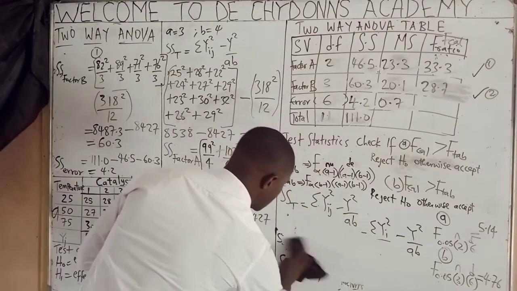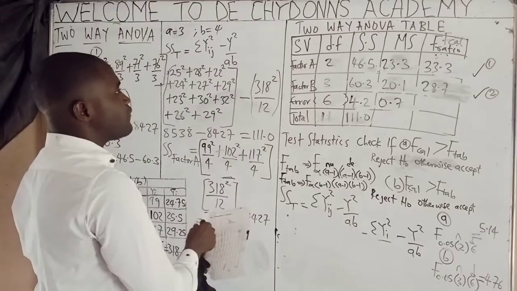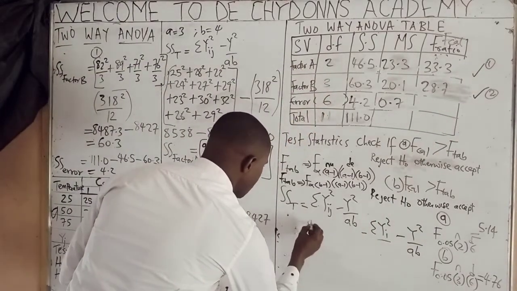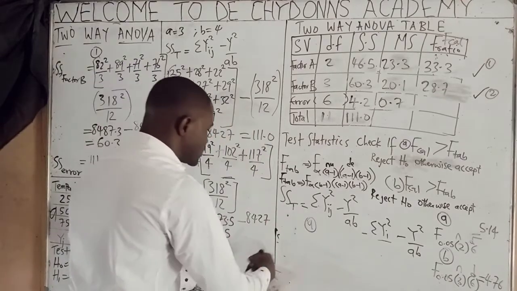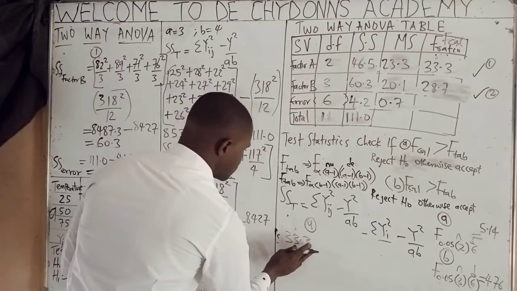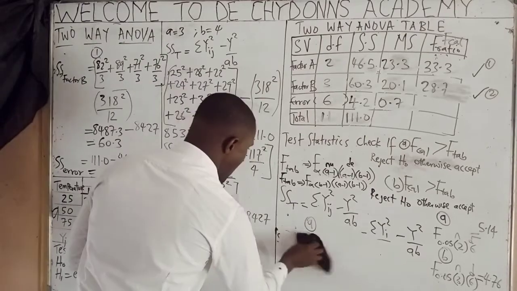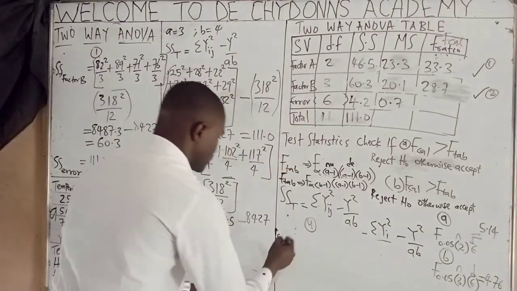And say from the result we have our F calculated for the first one is 33.3.